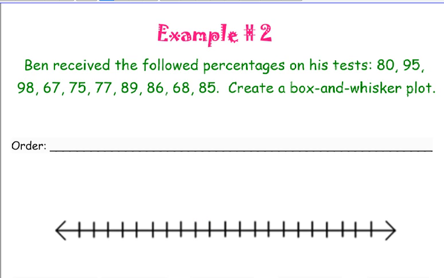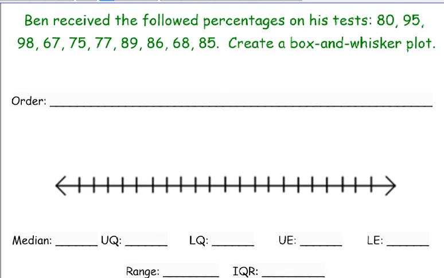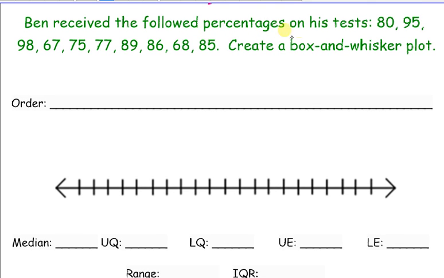All right, let's do the next example here. So Ben received the following percentages on his test: 80, 95, 98, 67, 75, 77, 89, 86, 68, and 85. Create a box and whisker plot.